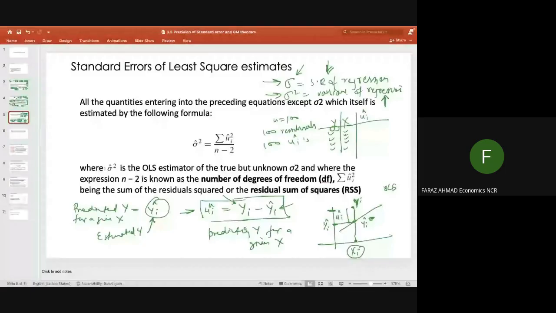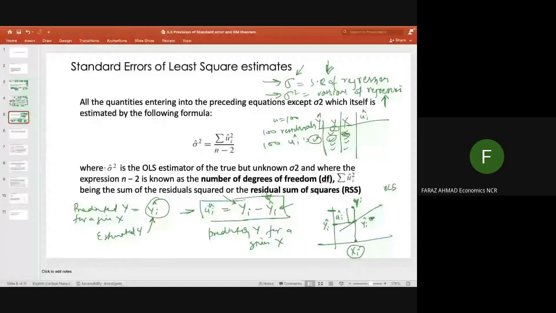So we know that for this x, this is the y. But we predict our y to be yi hat instead of yi. Then we make an error in the prediction, and that error is ui hat. This is for the sample, right?